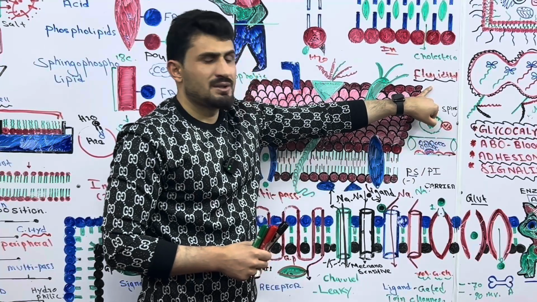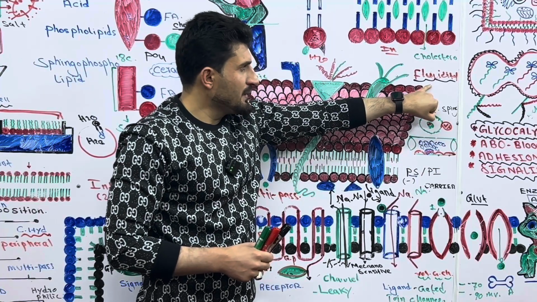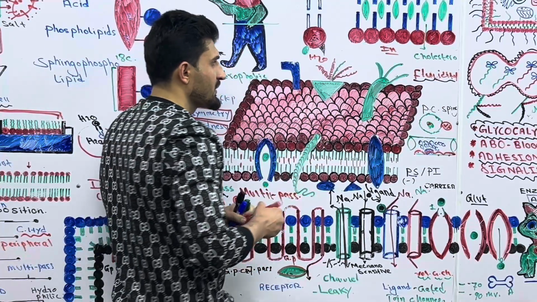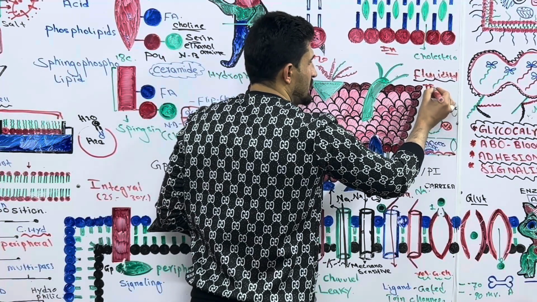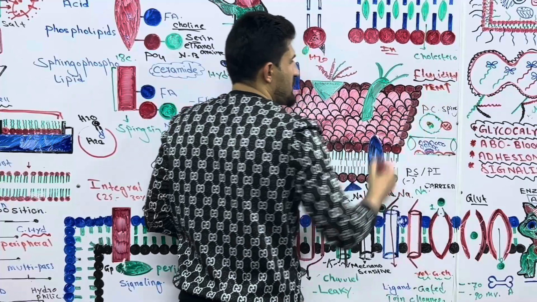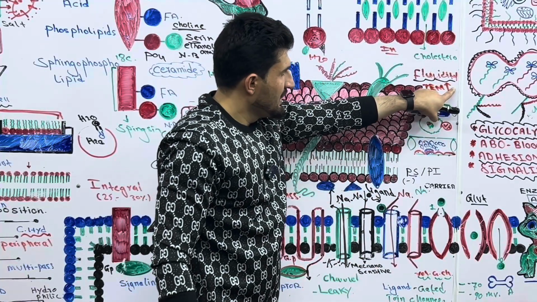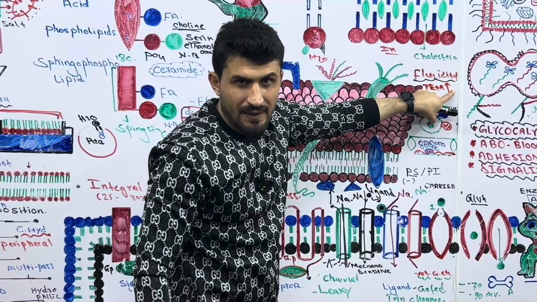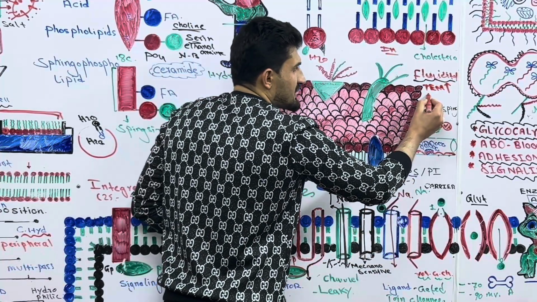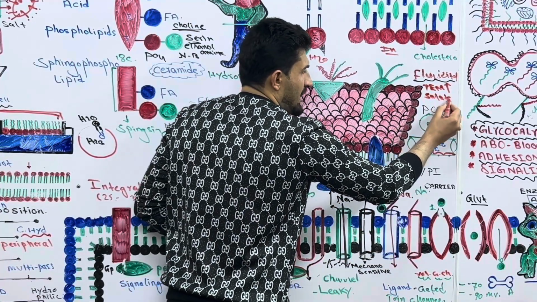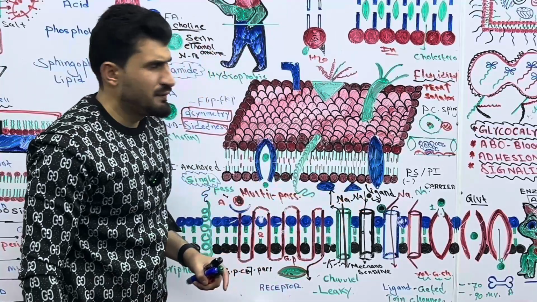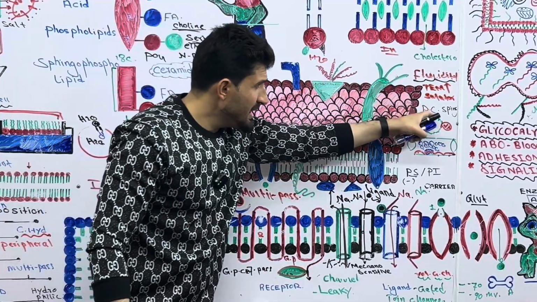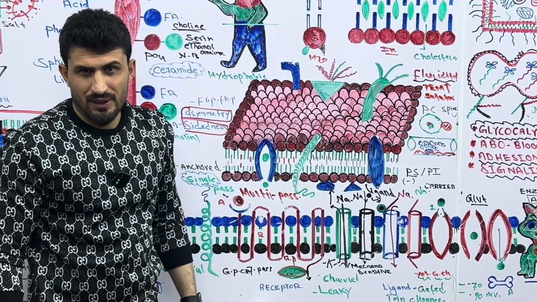Now here are some factors that influence fluidity in our cell membrane. For example, temperature. A high temperature causes fluidity to be increased. Okay, saturation of fatty acids. Unsaturated fatty acids or unsaturated phospholipids increase fluidity in our cell membrane.